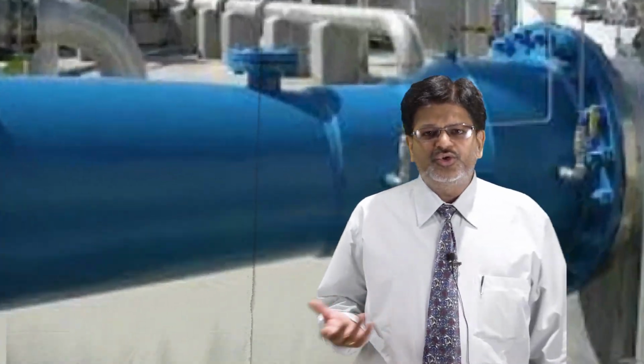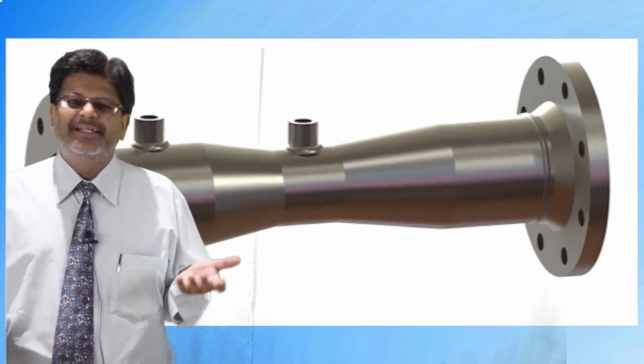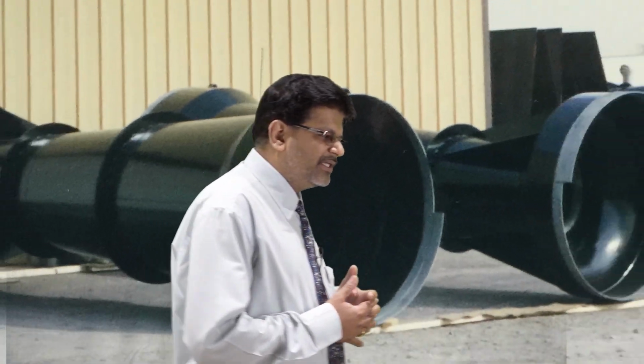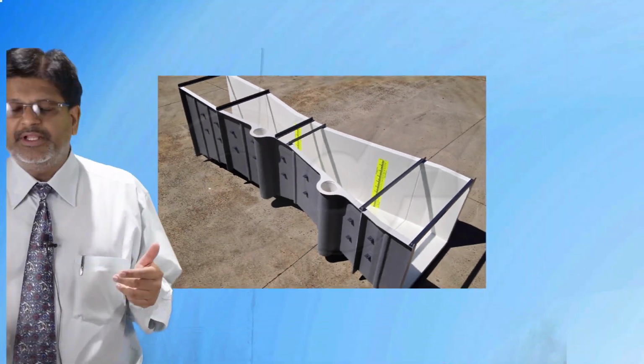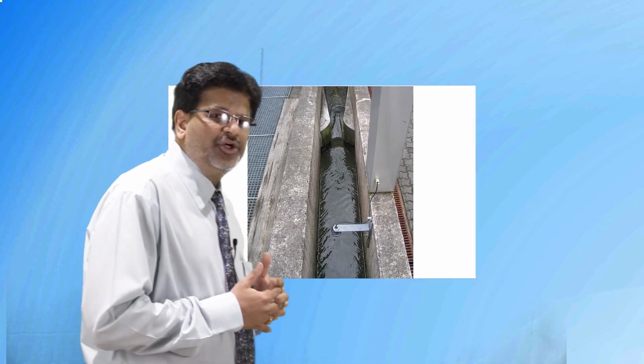It is used to measure the flow through pipes. The flow rate or the discharge can be measured by using venturimeter. The similar thing which is also useful in open channel hydraulics is venturi flume. Now the underlying principle is the same, that is Bernoulli's equation.